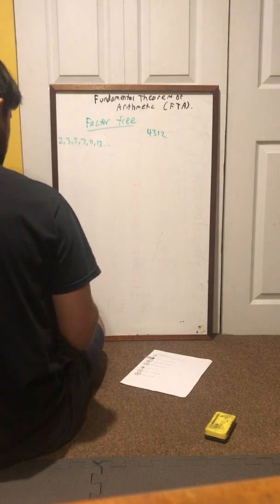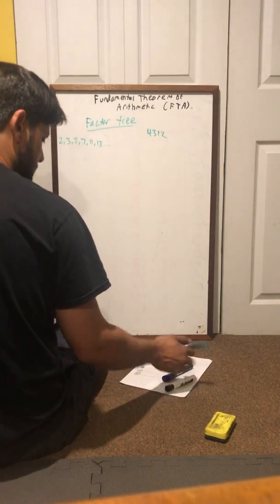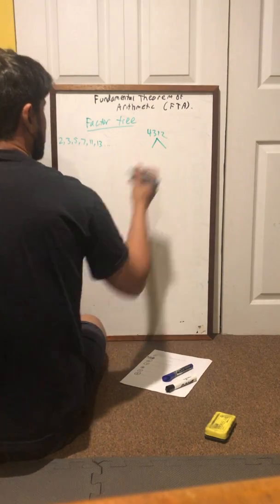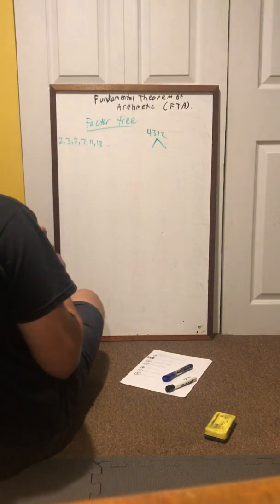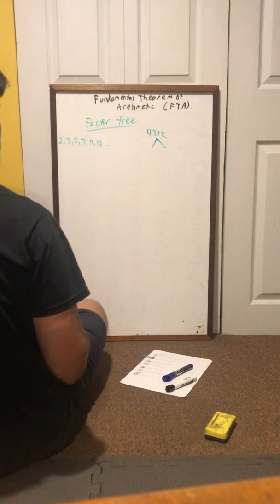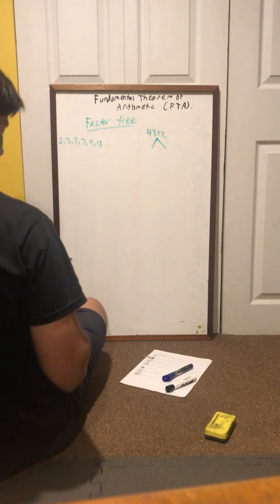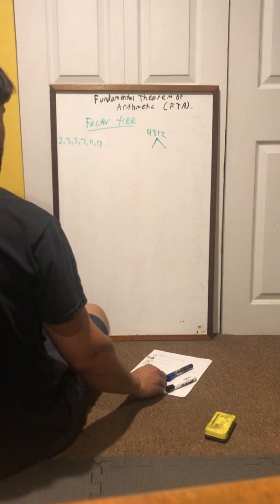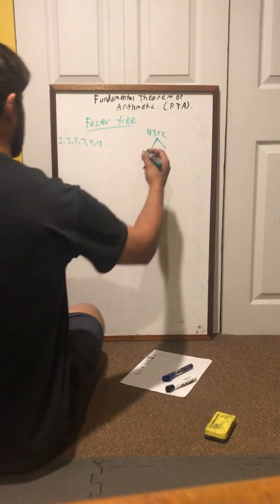First, we're going to try to find two factors, one being a prime, that multiply together to get this number.